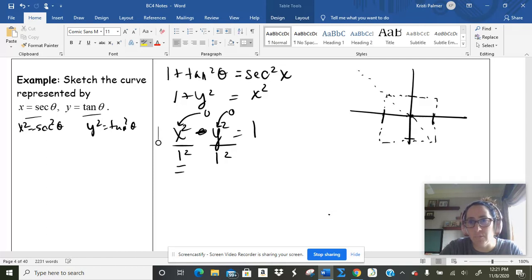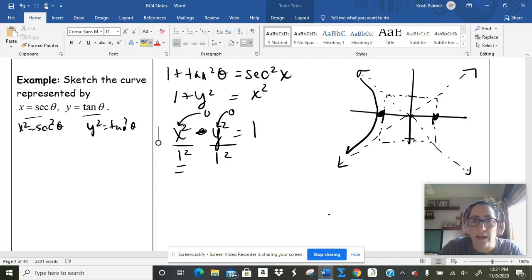They go through the edges of the box and through the center. And since the y is minus, I know that it's not on the y-axis, it's the x that is positive, so my hyperbola is going to be on the x-axis for those vertices. It would look like that.